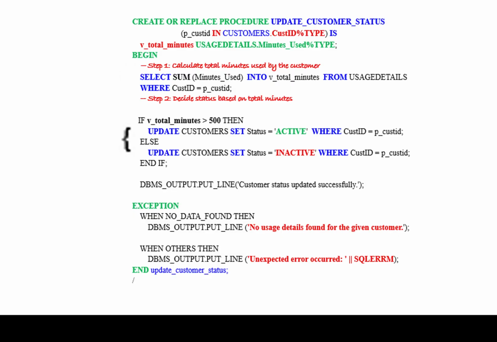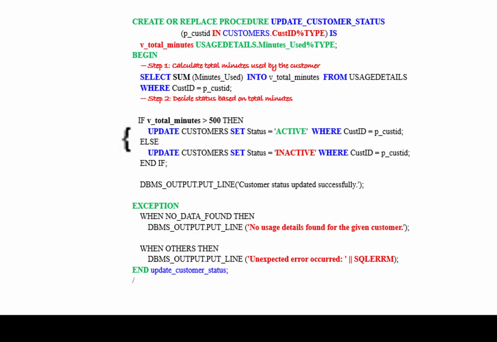Decision making using if-else. If v_total_minutes greater than 500, now comes the business rule. Company rule. More than 500 minutes, apply active. Otherwise, apply inactive. This is where logic meets real life. Updating customer status. Update customers set status to active where cust_id equals p_cust_id.